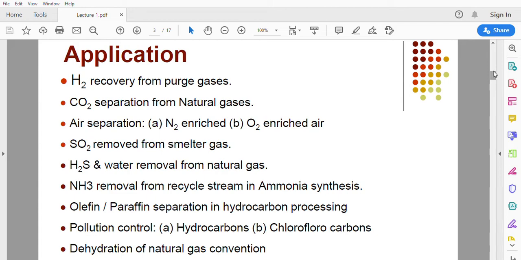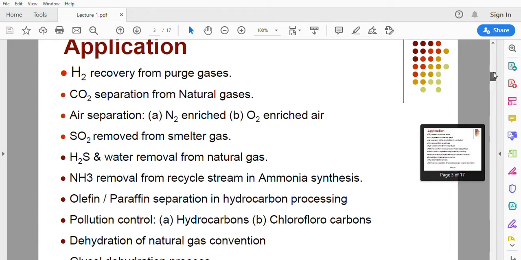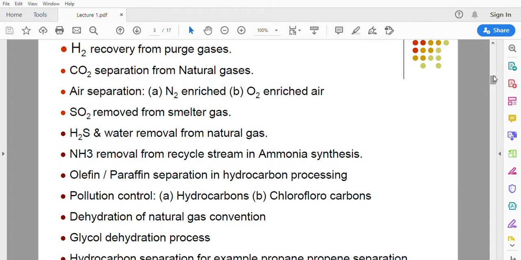And the next application is the removal of ammonia from the recycle stream of the ammonia synthesis. You know that ammonia synthesis is a reversible process. When you react hydrogen and nitrogen to produce ammonia, it is very reversible, and the total recovery of ammonia is very low.